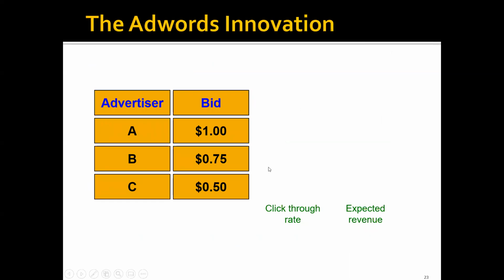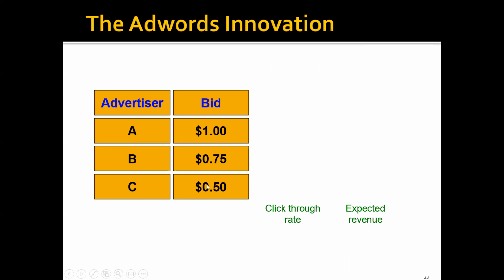So concretely, let's say that we have 3 advertisers, and each advertiser has a certain bid. For example, for the first advertiser, the bid is $1, the second advertiser's bid is 0.75, and the third one is 0.5.